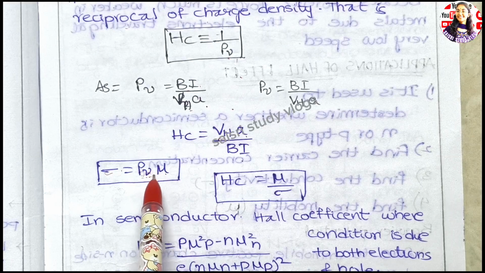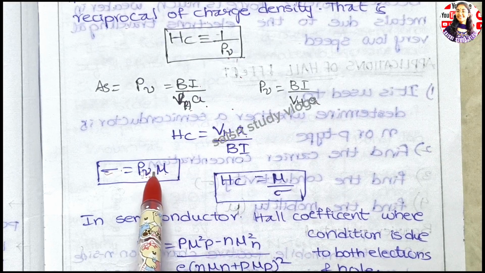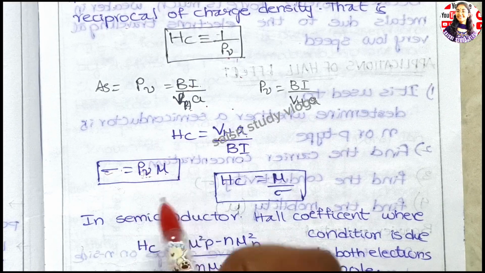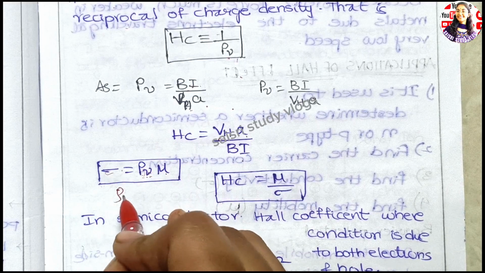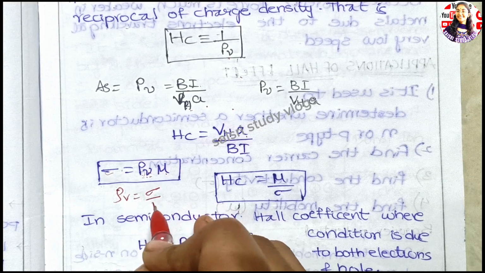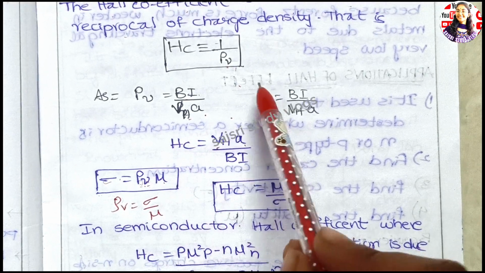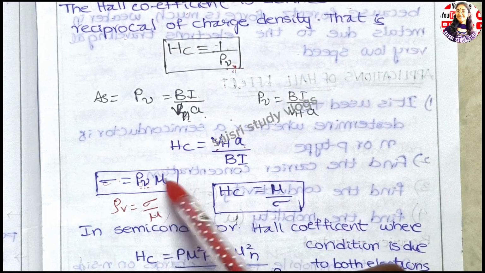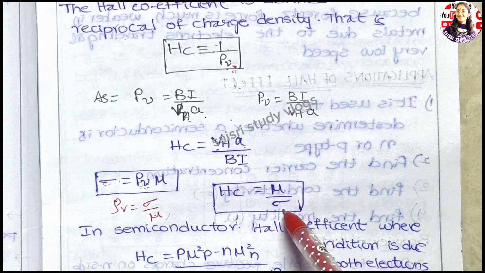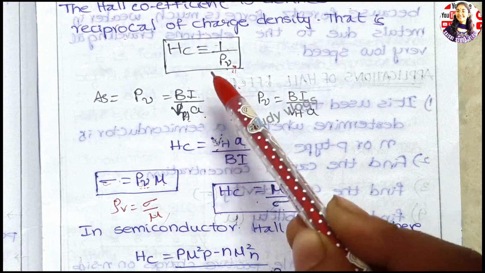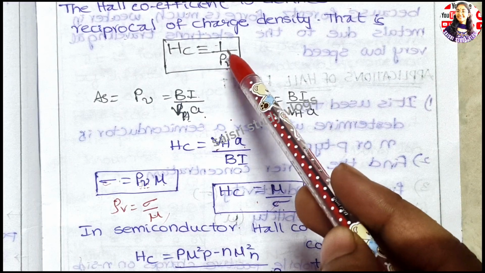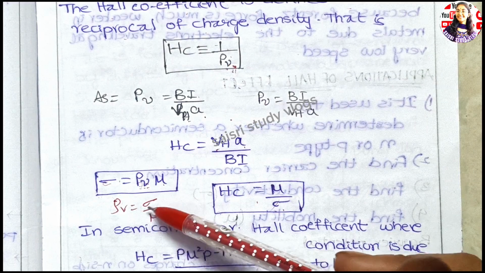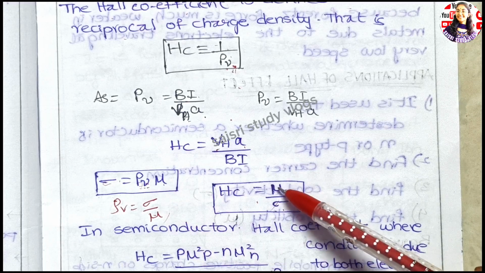So from this, rho V is equal to sigma by mu. As it is the reciprocal of the volume charge density, it will be mu by sigma. Hc, the Hall coefficient, is the reciprocal of charge density, so from rho V equal to sigma by mu, we get mu by sigma.